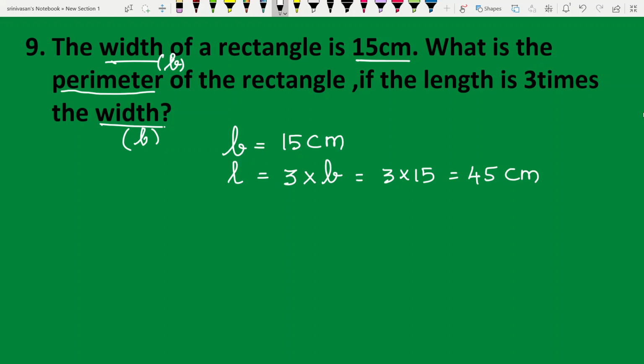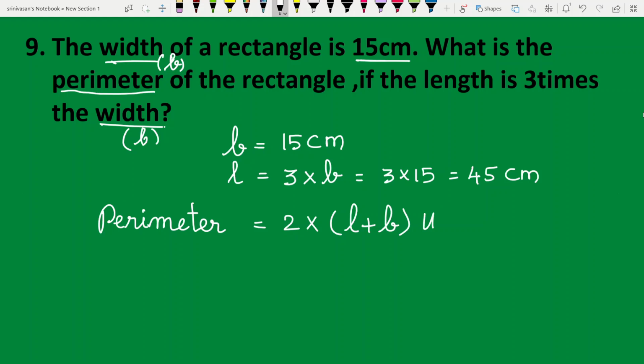Now we have a breadth and length. Shall we substitute in the formula? Yes, perimeter equal. What is the perimeter of a rectangle? Yes, it is 2 into L plus B units. Here the unit is centimeter.